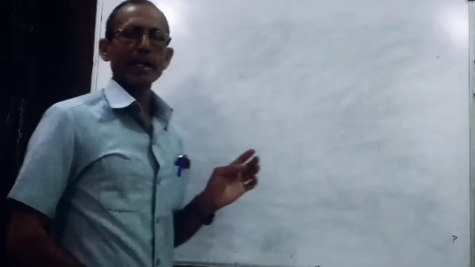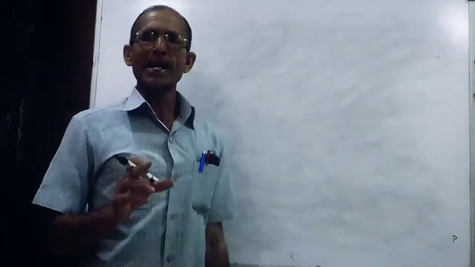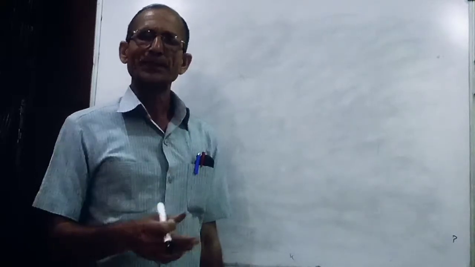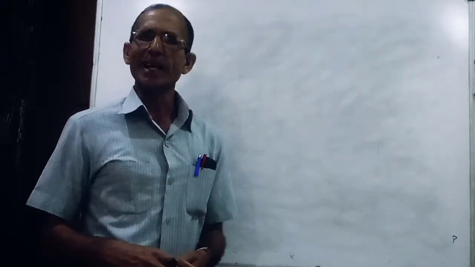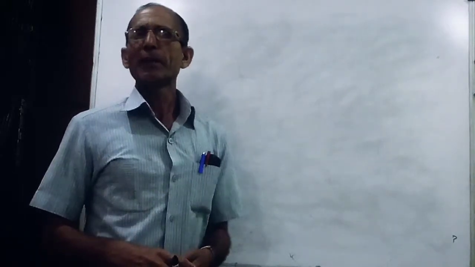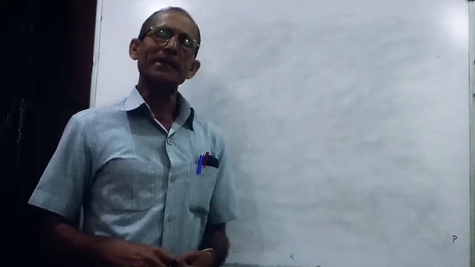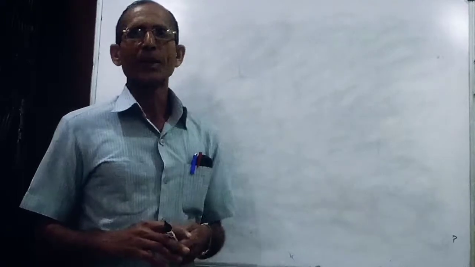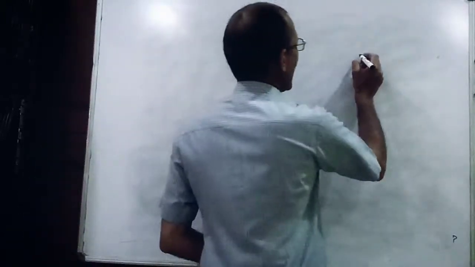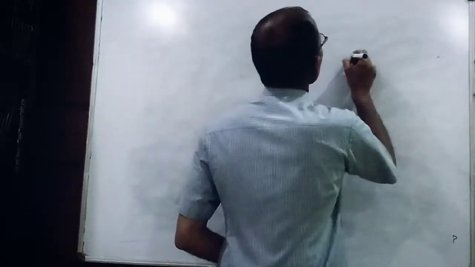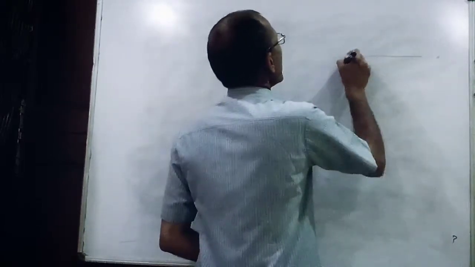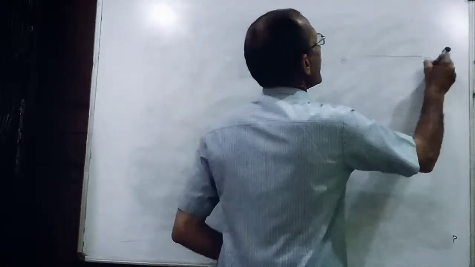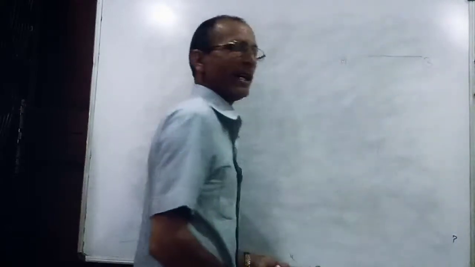The statement I am repeating again. If a line stands on another line, the angles formed by this line will be supplementary. It means their measure will be 180 degrees. So take any line AB. AB is a line.